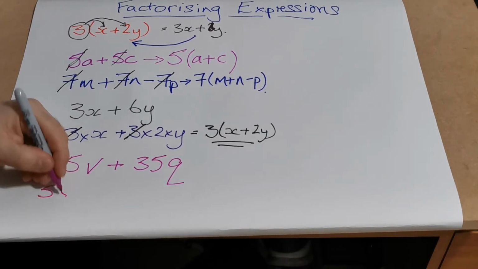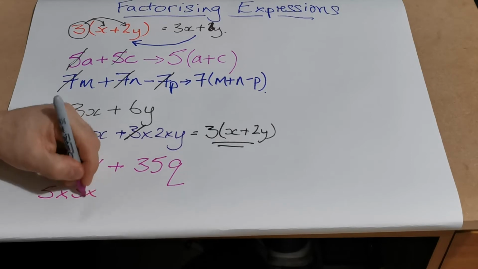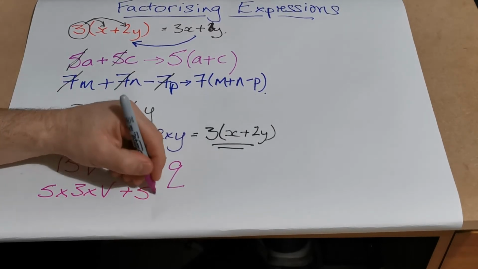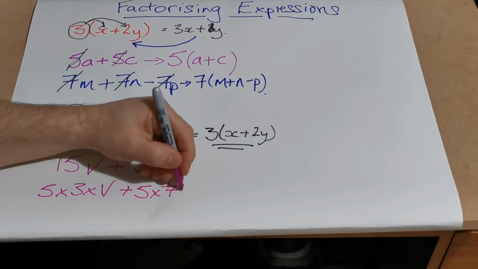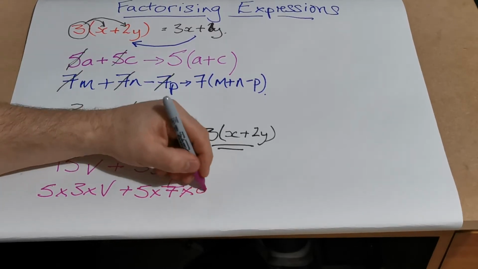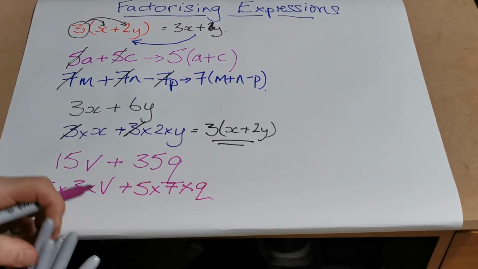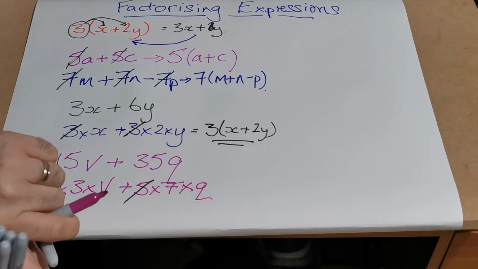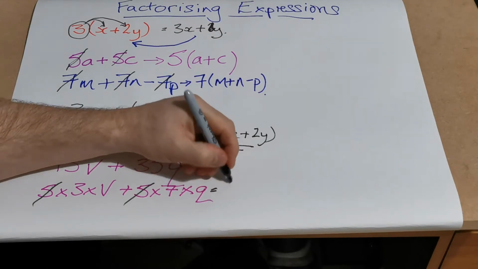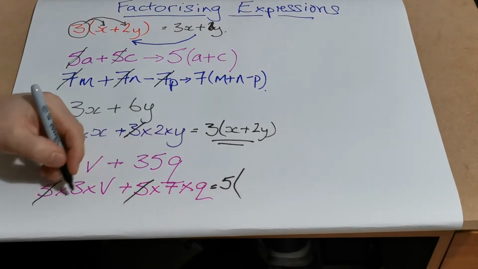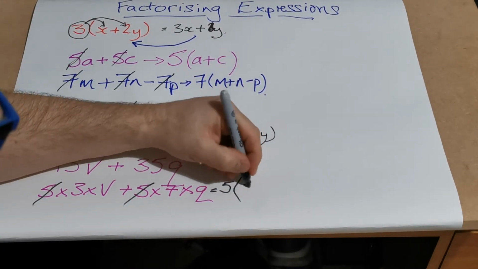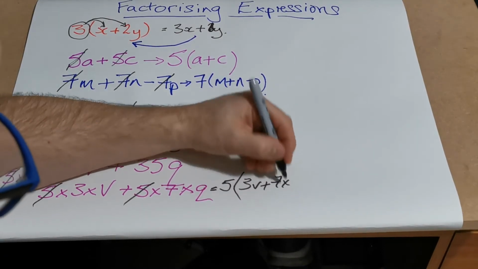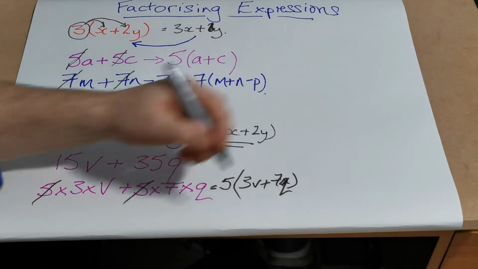This is 5 times 3 times v, and this is 5 times 7 times q. The common factor is the 5, and that comes outside the bracket, and I'm left with 3v + 7q.